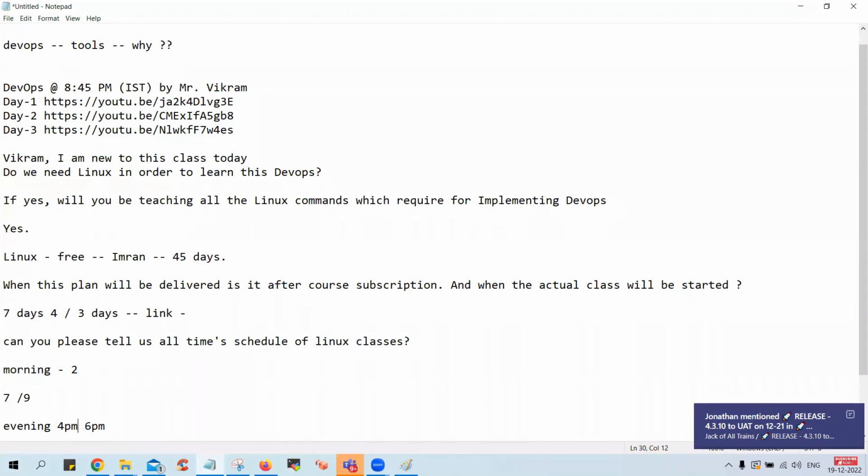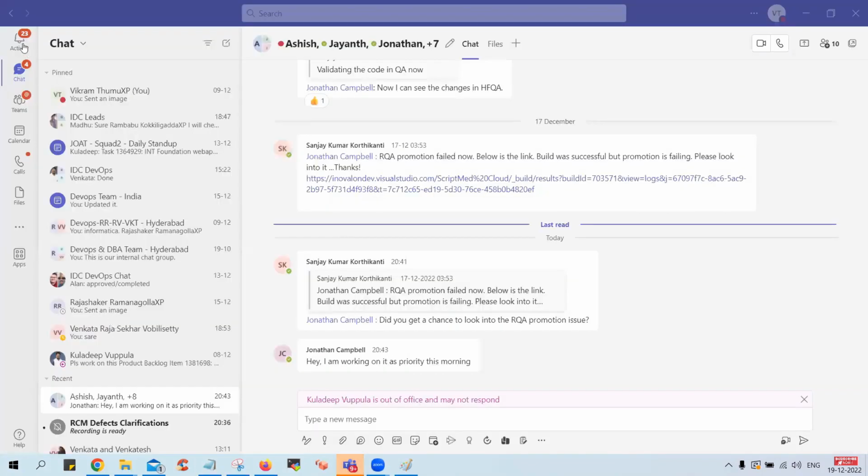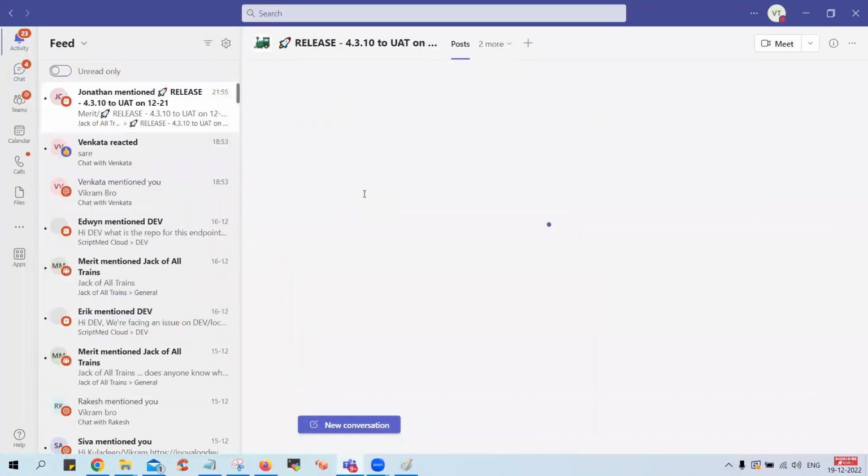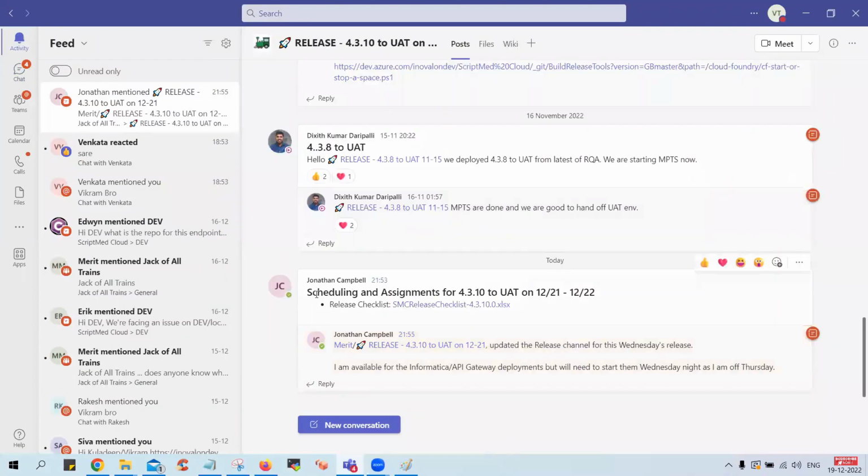For your knowledge, guys, this is how the DevOps release activities will happen. You can see it live: scheduling and assignments for 4.3.10. Our software is going into UAT on the 21st and 22nd, Wednesday and Thursday. This will come to my hand only.